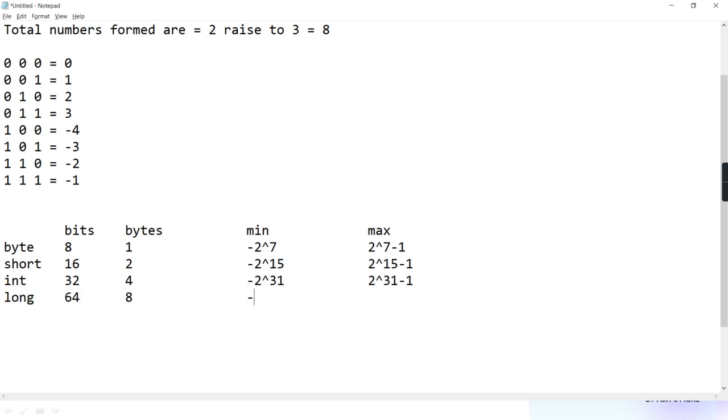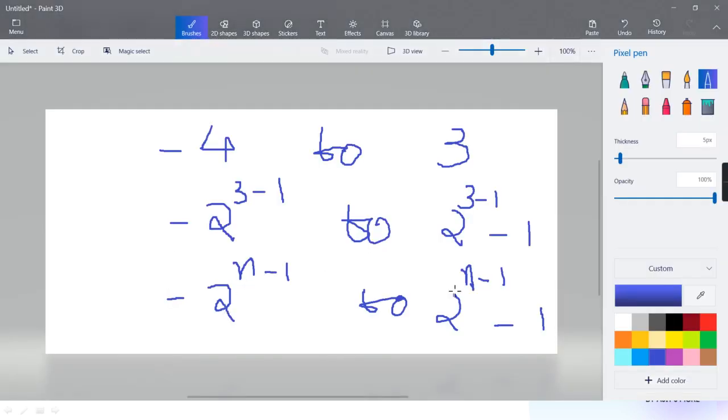And here minus 2 raised to 63 to 2 raised to 63 minus 1. I hope it is clear. All of you, unanimously, should say that yes, we have understood how this formula came: minus 2 raised to n minus 1 to 2 raised to n minus 1, minus 1.